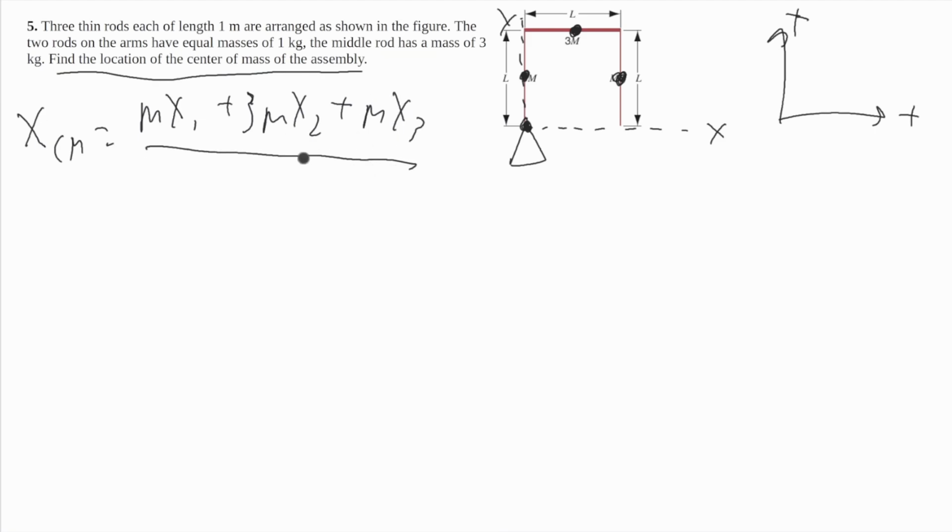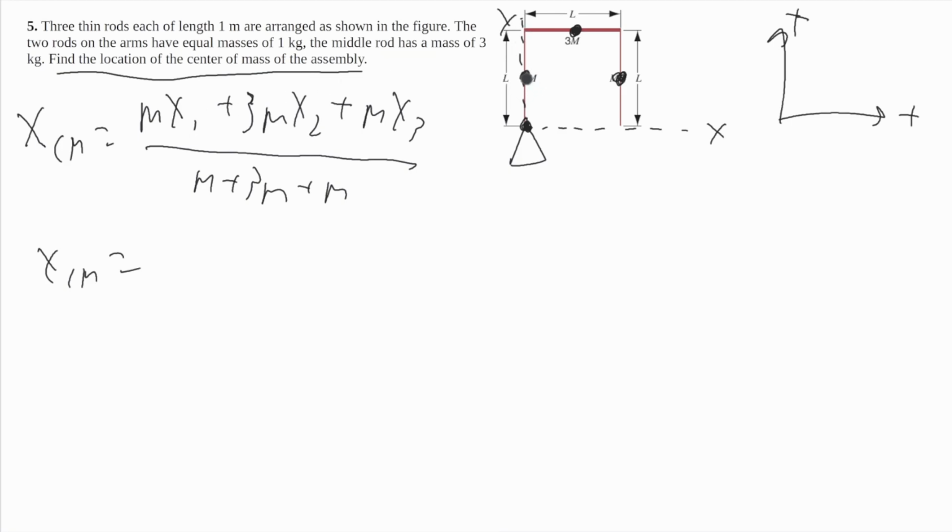This is all going to be over the total mass, which will be m plus 3m plus m. So x cm is equal to mass times the x position of the center of mass of this first rod here.